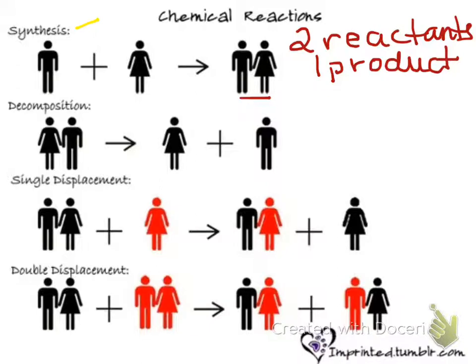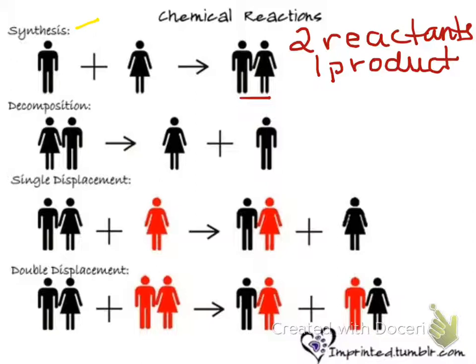The second type of reaction is kind of the opposite of synthesis. It's a decomposition. We start with a compound, so in this case 2 people, and they break up. So we end up with 2 individual products.